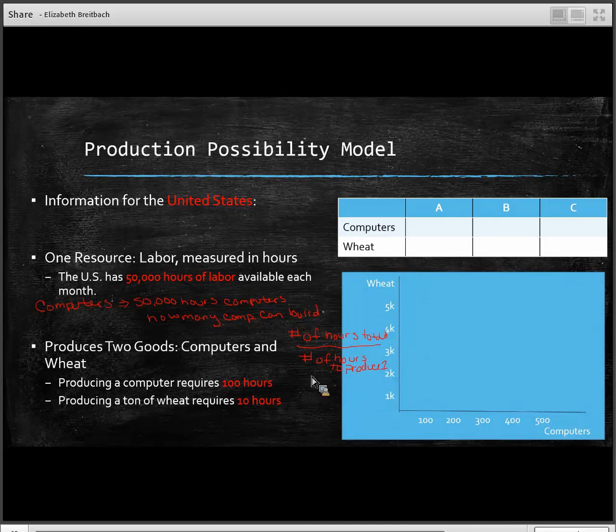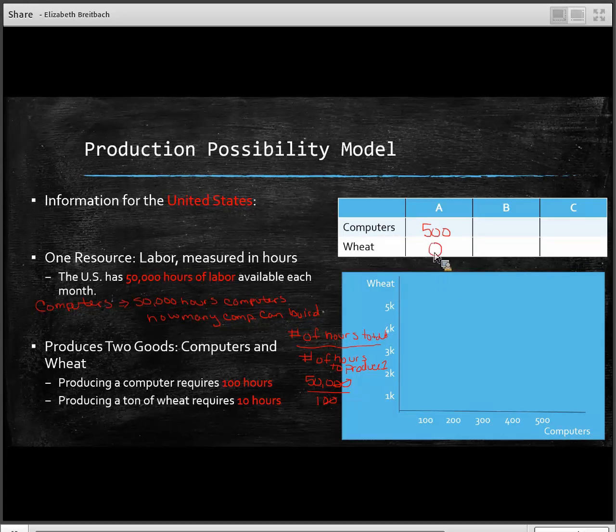Okay, and so what that means is if I spend all of my time, all of my labor hours, my 50,000 hours of labor producing computers, and it takes 100 hours to produce a computer, well, let's knock off two zeros. 500 divided by 1. If I spend all of my time producing computers, I can produce 500 computers and no wheat.